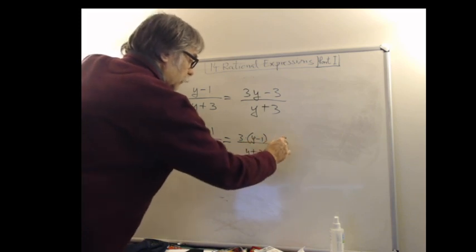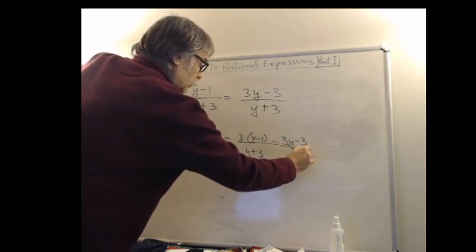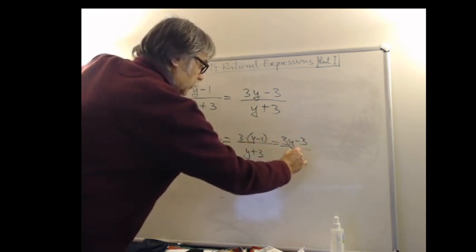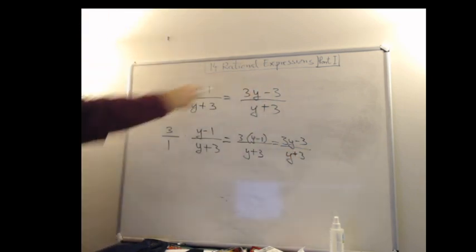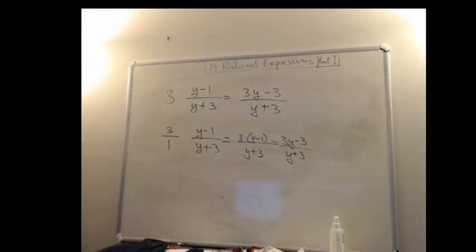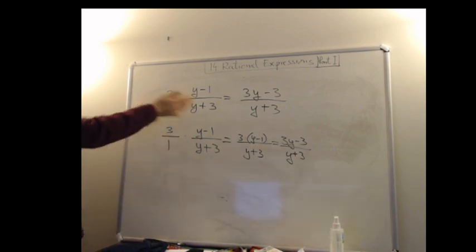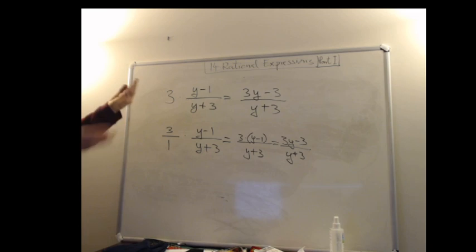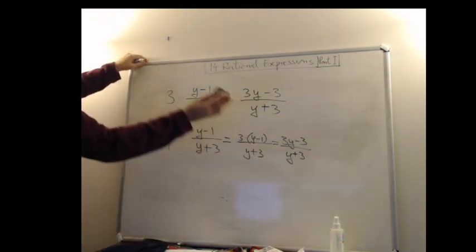And on the top now you have 3y minus 3 over y plus 3, which is, again, the same thing as I had before. So you might want to remember that when you multiply with something that is not a fraction, just one value, not a rational expression, you just simply multiply the top with that number. Or, if this makes you more comfortable, do it this way. It's the same thing.